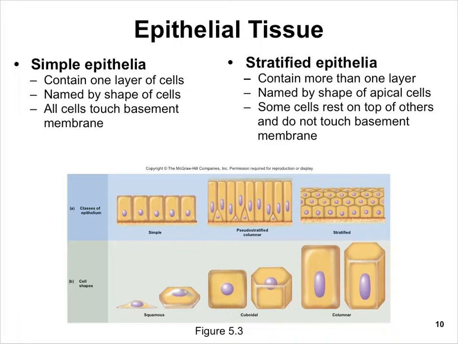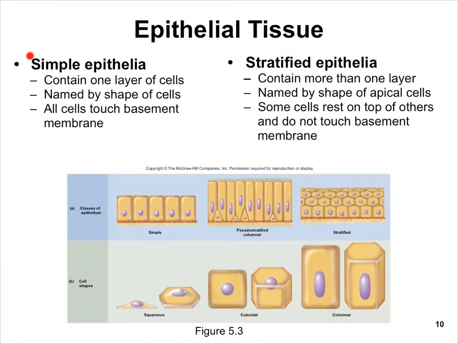Epithelial tissue: there are basically 3 cell shapes and 2 arrangements, 2 or 3, call it 2.5 arrangements. The arrangements are that epithelial tissue can be simple or stratified.